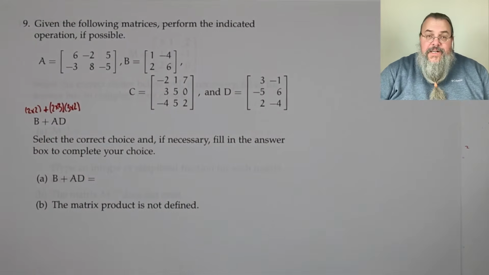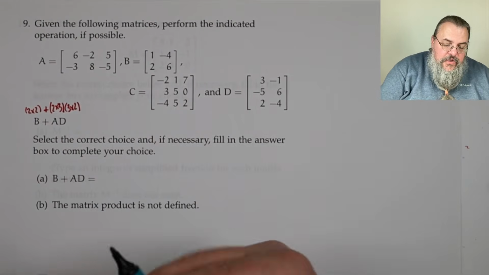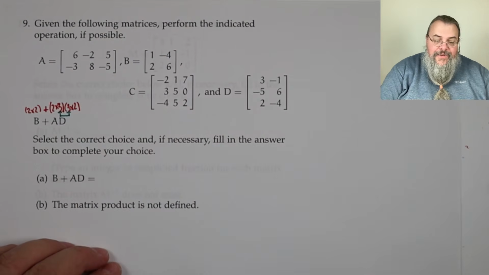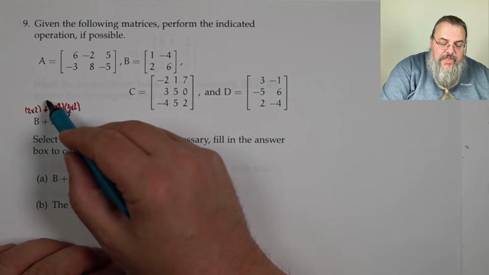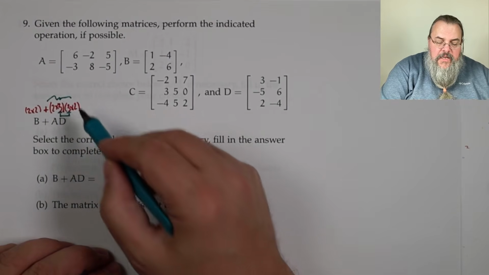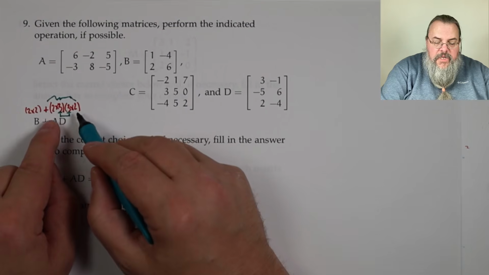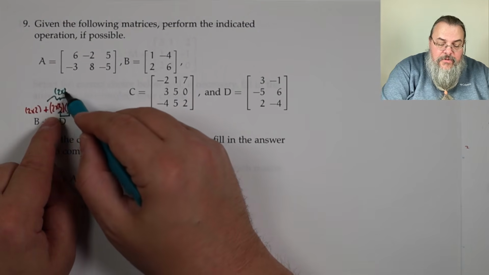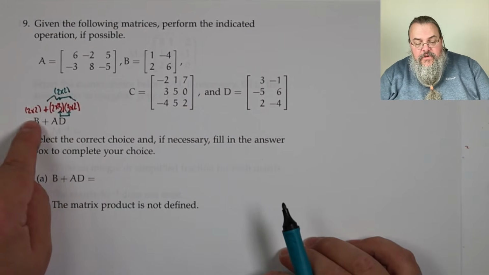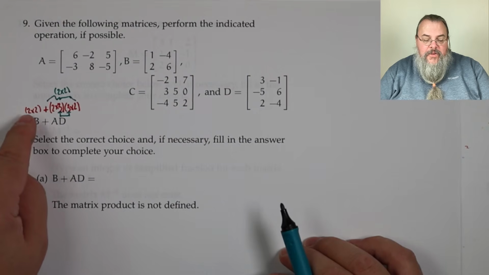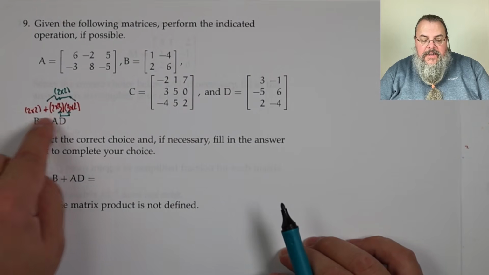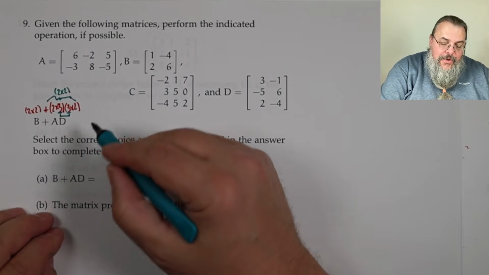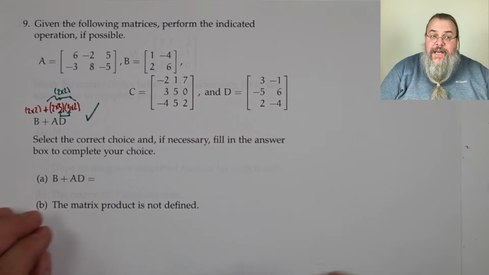So what's going to happen? Well, check. Do the insides match? Yes, the 3's match. So when you multiply A times D together, the result will be the outside pieces. This is going to be a 2 by 2. So we're going to have a 2 by 2 plus a 2 by 2. Now, the important thing is that when you add, they have to be the same size, and they are. So we know we'll get something out.